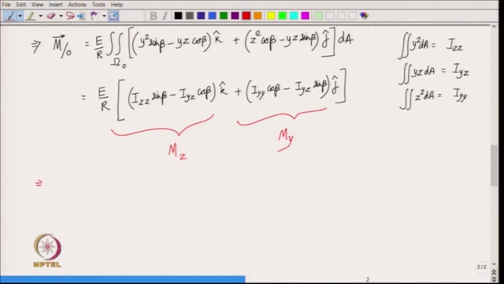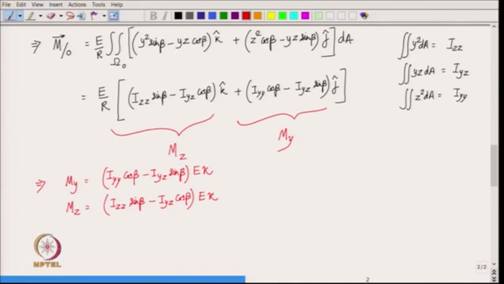So, we get M y equal to I yy cosine beta minus I yz sin beta times E divided by r, and 1 by r is also the bending curvature. So, we could write it as curvature kappa, and likewise M z is I zz sin beta minus I yz cosine beta into E times the bending curvature.